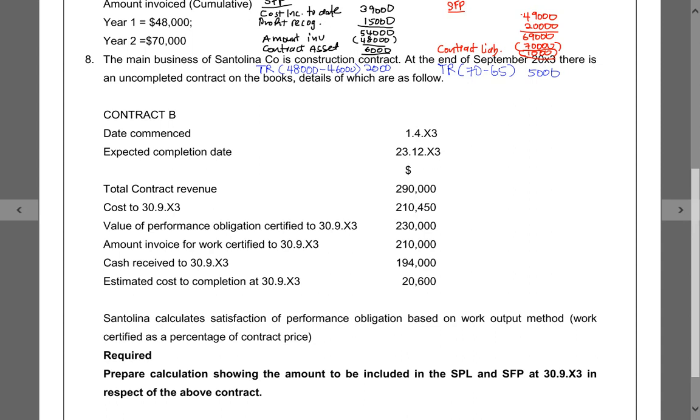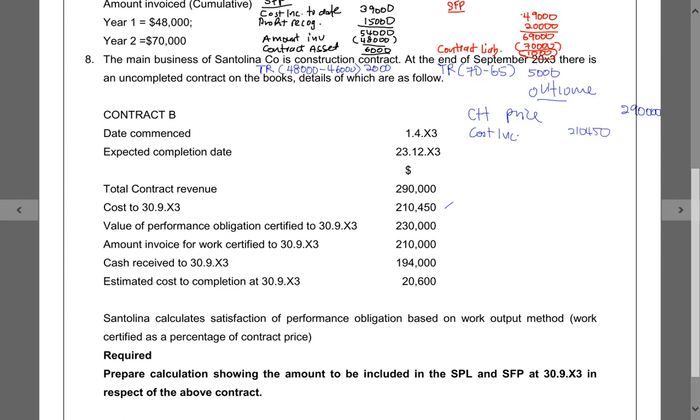So what's the first thing we need to do? The outcome. The outcome will be the contract price. How much? 290. Cost incurred to date, 210.